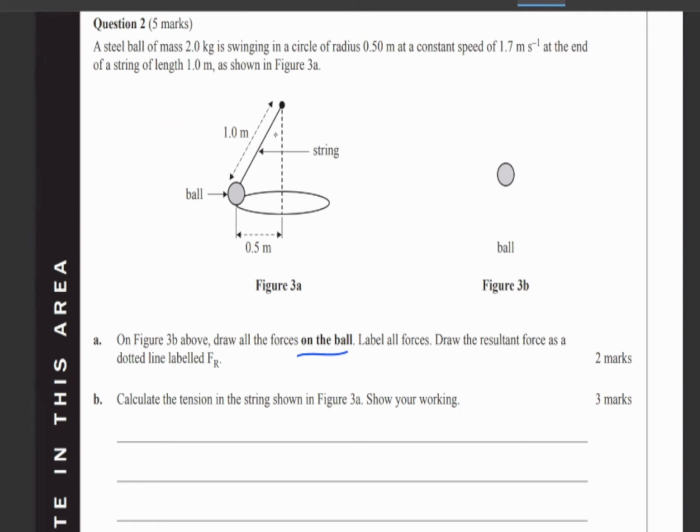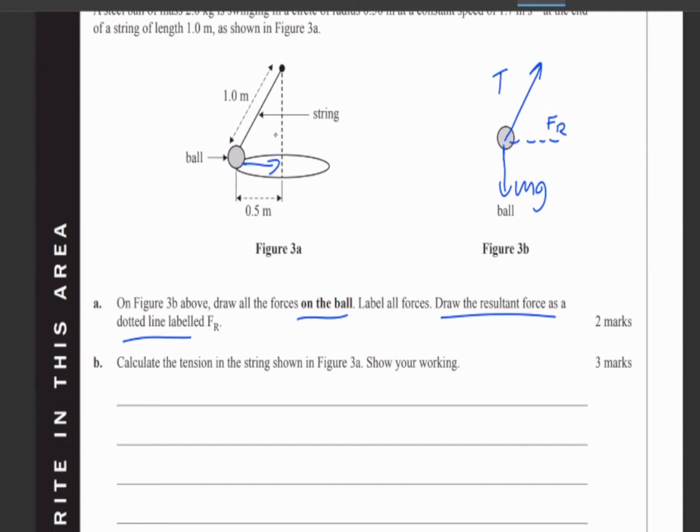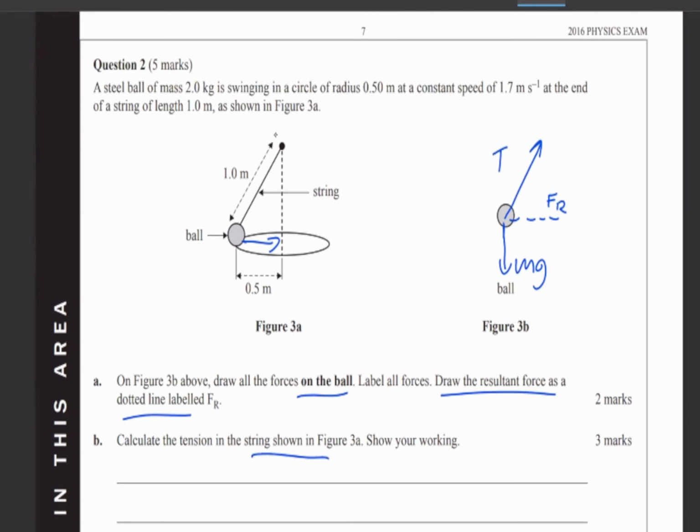Draw the forces on the board, or the resultant force. So it's always towards the center if it's centripetal, and this is going to be the tension. This is going to be the resultant, should probably draw it in dotted line, F R, and there's going to be weight downwards. So calculate the tension in the string.